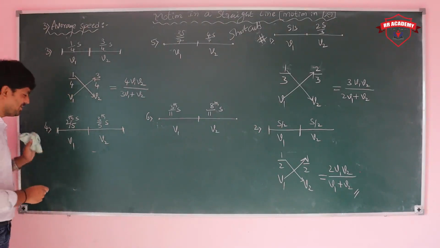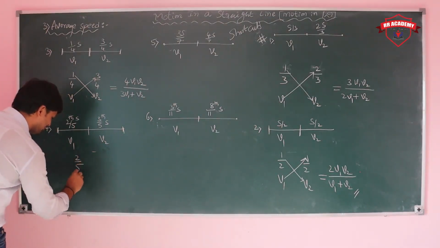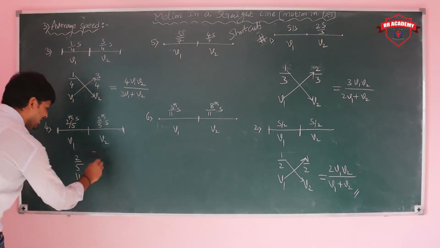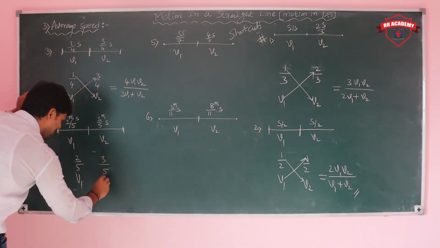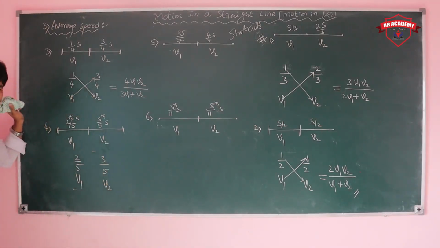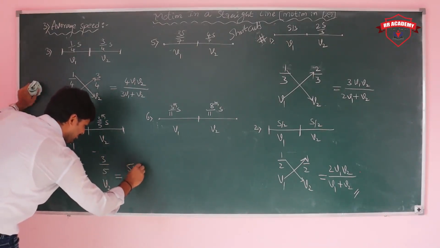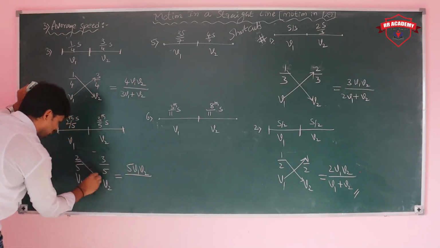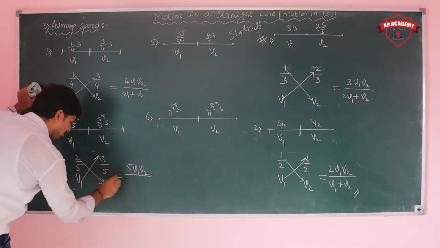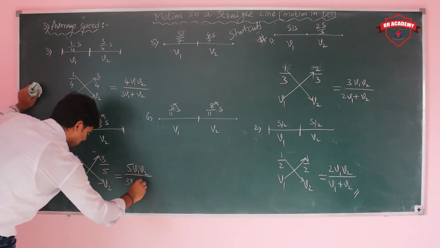Next, the first 2/5 of the distance with V1 speed, the next 3/5 of the distance with V2 speed. Now what is the average speed? Again simple, 5 V1 V2 upon 3 V1 plus 2 V2.